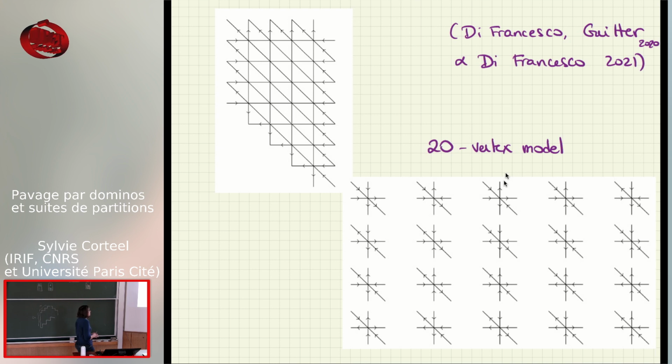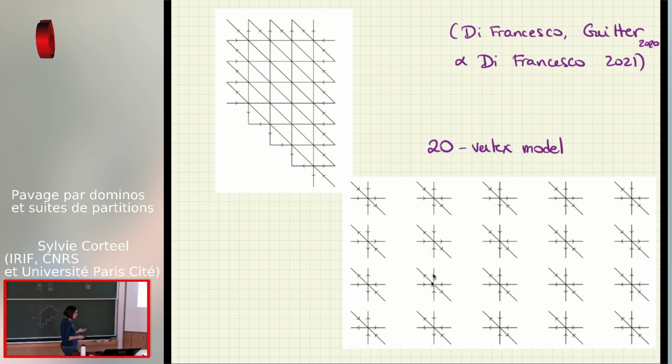Okay? And so what's this vertex model? This was studied by Di Francesco and Guitter, and then by Di Francesco. It's just like the 6-vertex model where you look at the square grid. Here you are on the triangular grid, okay? And at each vertex, you want to make sure that you have 3 incoming edges and 3 outgoing edges.